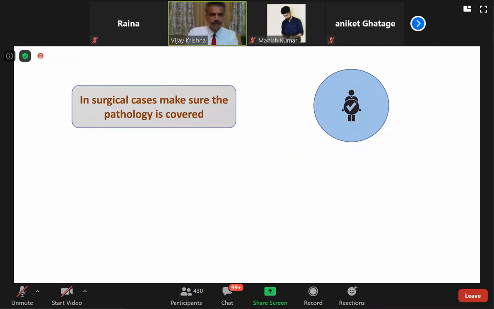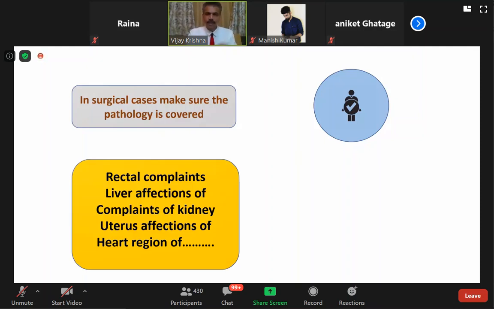What I mean is, for example, when we treat a case of anal fissure, renal stone, or fibroid, we make sure we don't consider the pathology fibroid directly.